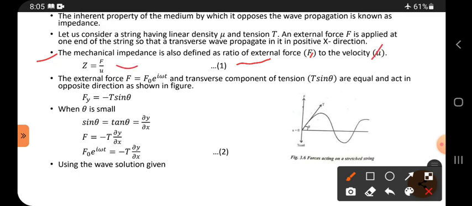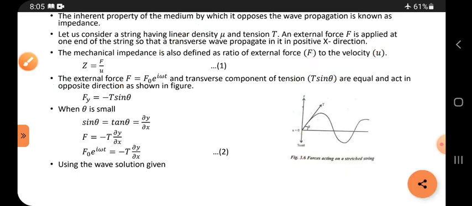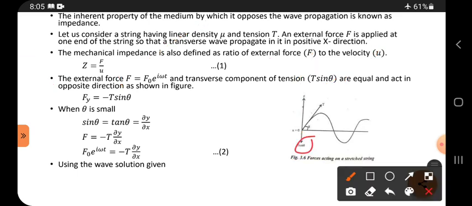Here the external force is F equals F naught e power i omega t, and the transverse component, meaning perpendicular component, T sin theta, are equal and act in opposite directions, as shown in the figure. So Fy is equal to minus T sin theta, where minus indicates opposite direction.